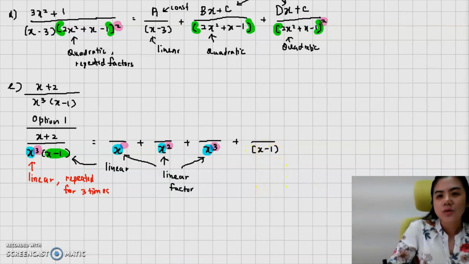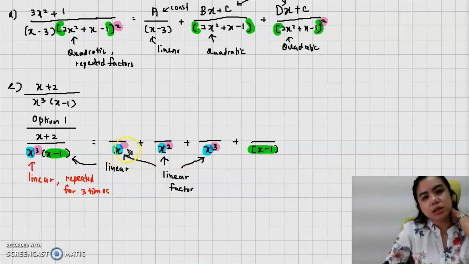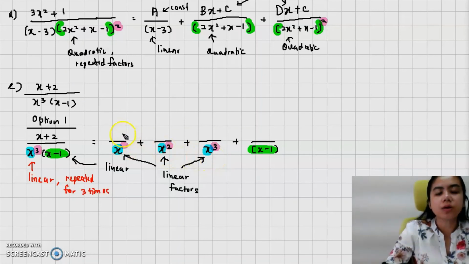Okay, so let's just look at whatever we should write on the top. Since we say these three are linear factors, as I said just now, if they are linear factors, on the top it should be constant.